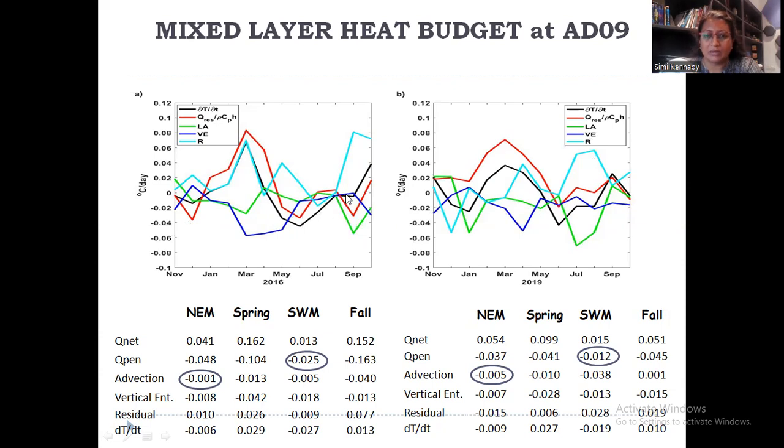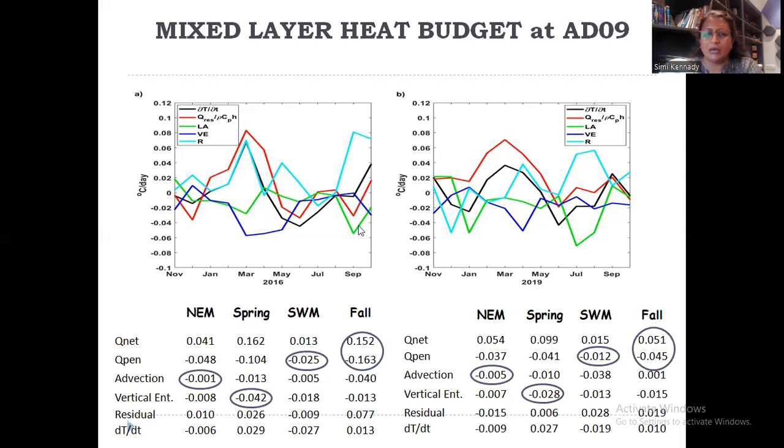And one interesting fact to see is that during September, the resultant heat flux is supporting an intense cooling, and this is due to the larger contribution of the penetrating component. You can see that the penetrating component is supporting an intense cooling, almost minus 0.163, during the fall transition months of 2016, and this in turn supported the cooling during September.